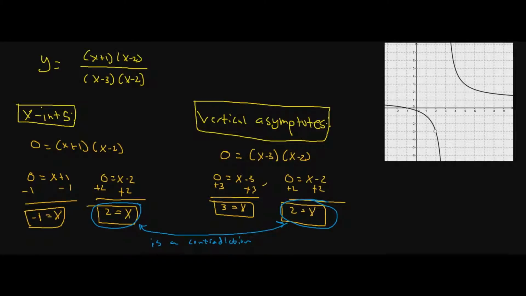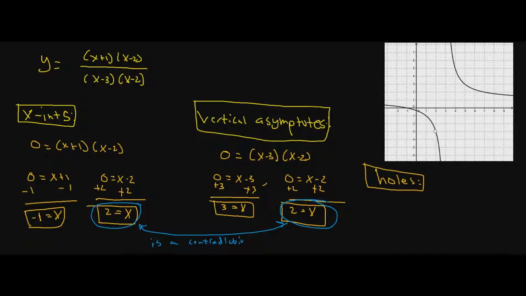It doesn't make sense that we could be both at the same time, because to be an x-intercept means that you need to cross your x-axis, but to be a vertical asymptote means that your function does not touch it there. So if you're an x-intercept, you're touching the function, but a vertical asymptote means you're not touching it. When we get this contradiction, that's what is considered a hole.